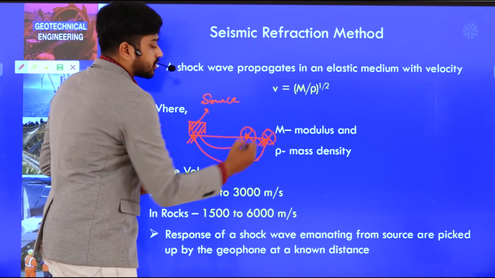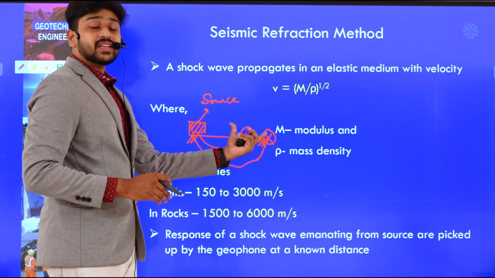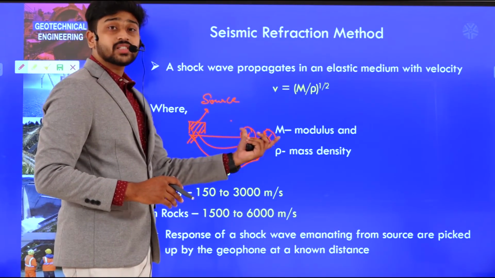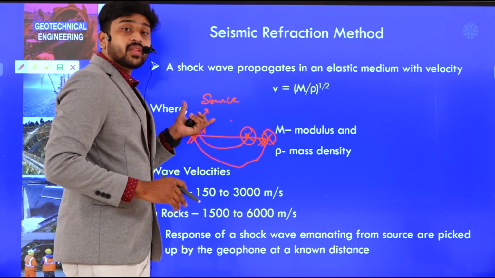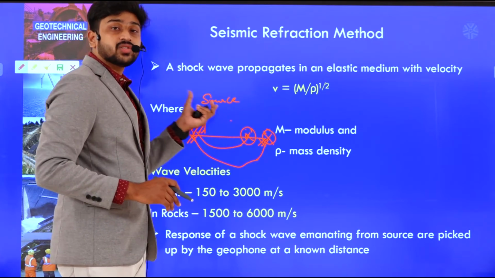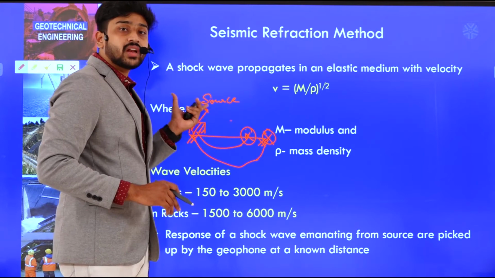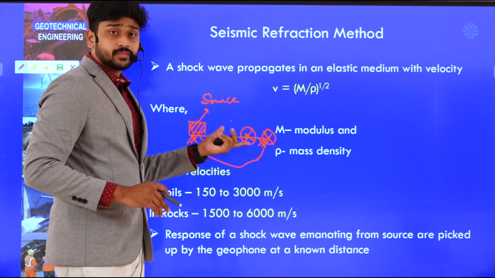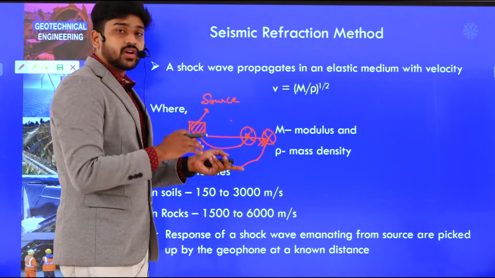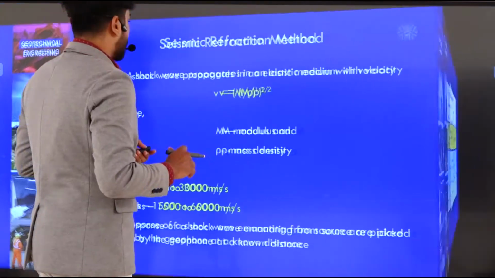These are placed at a known distance, and we try to obtain the velocity. The source releases some amount of wave and it is recorded at the other point, so that we can understand the velocity. We will try to understand this in more detail now.